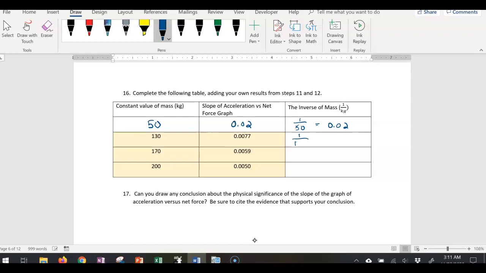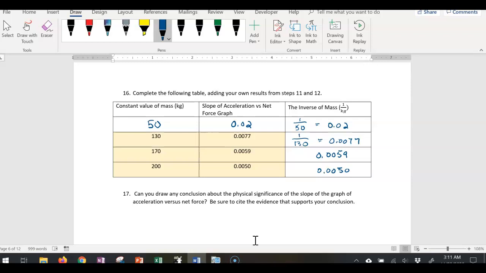1 over 130, I'm taking the inverse of the next one. Look, that's 0.0077. And if I do all of these, I'm going to see that the inverse of the mass matches the slope of that acceleration versus net force graph.